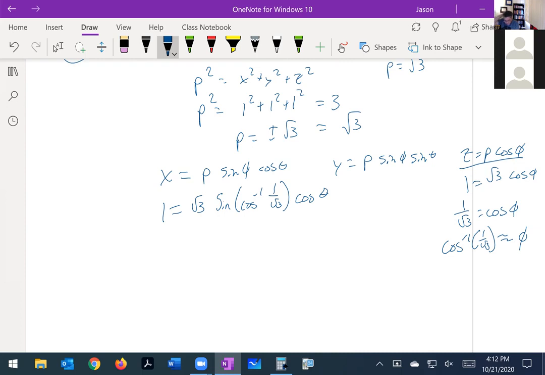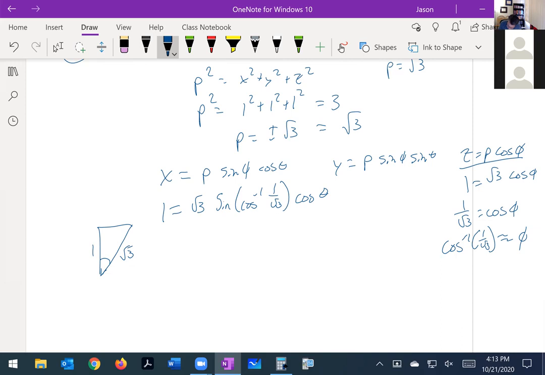I'd have to draw a triangle for this. Let's draw that triangle we had before. I want the angle whose cosine is 1 over radical 3, and then I want to take the sine of that.